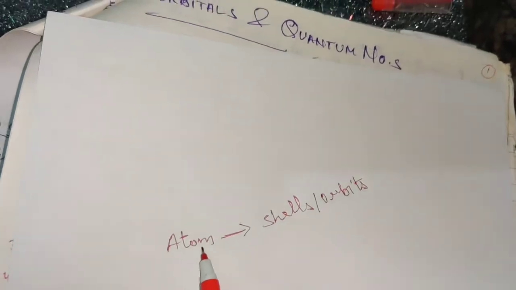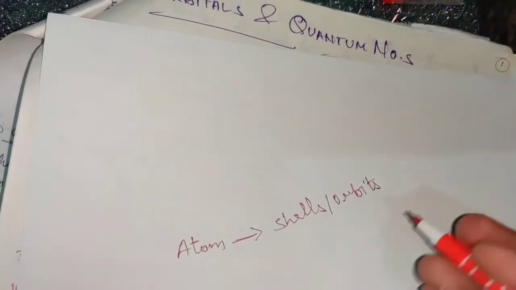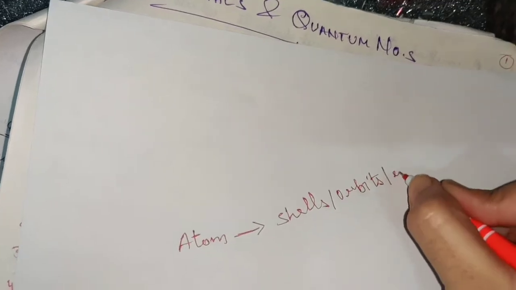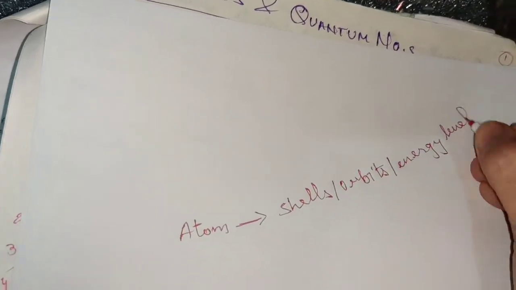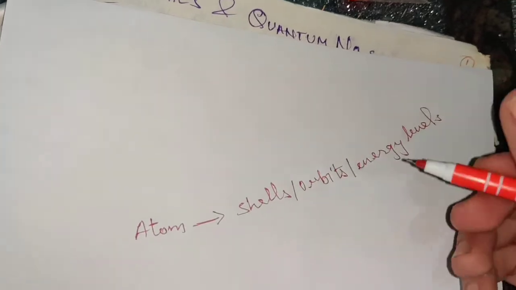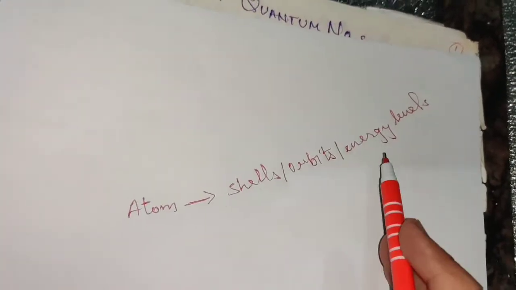This is very important. Whenever you enter into an atom, the first thing that you encounter are shells or orbits, which are also known as energy levels, and according to Bohr are also known as stationary energy levels. So these are the various names.